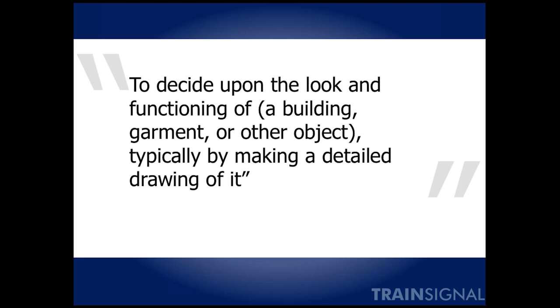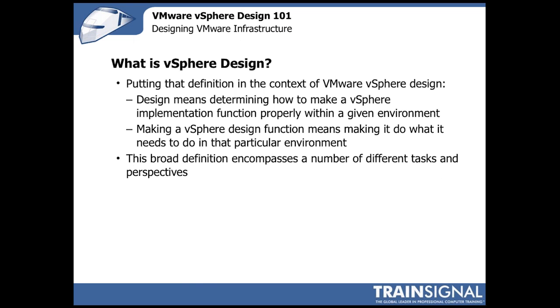So if we take that definition and put it in the context of VMware vSphere design, what that means is that design is determining the function or appearance or architecture of a vSphere implementation so that it does what it's supposed to do, so that it functions properly within a given environment. And every environment can be different, so that function is going to be specific to the environment where you're putting it in.